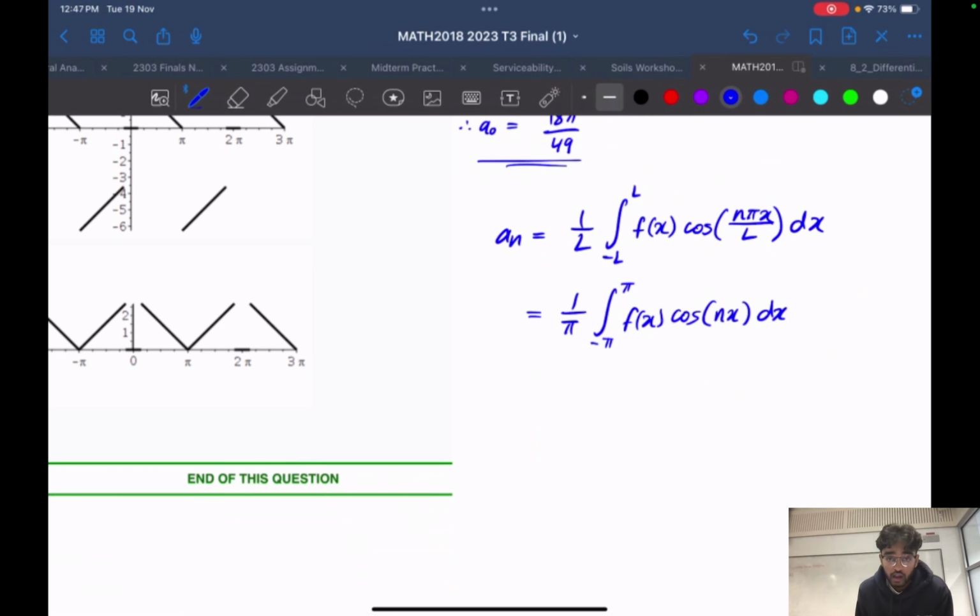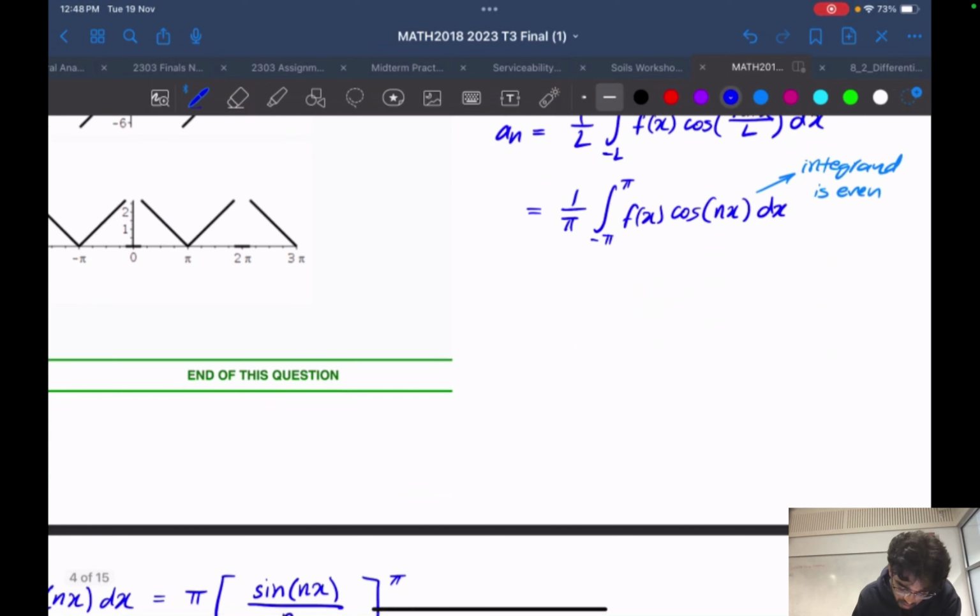Now another thing to note again, this function f of x times cos nx is even, because f of x is even and cos of nx is also even. So because both of these functions are even, our overall integrand is even. And I'm going to multiply the integral by 2, but the bound, I'll cut it in half.